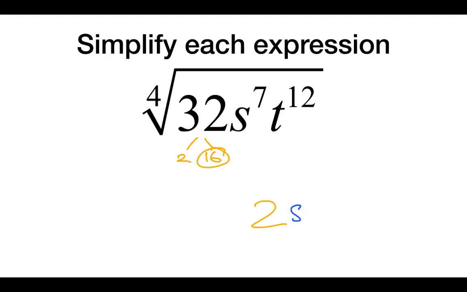So I'm going to say just s. And with t to the 12th, we can actually get out t cubed. Inside our 4th root box, we're left with the 2 that we had left over, and we had 3 s's left. So I'm going to say s cubed.